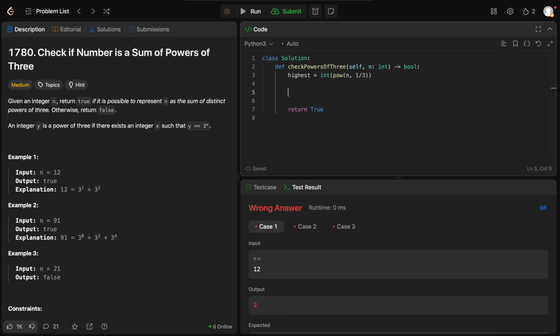Okay, so I have to go through the 3 possibilities. So I have 8 possibilities. So 0, 1.